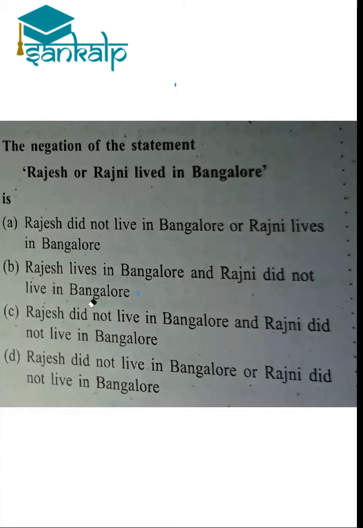So Rajesh did not live in Bangalore, and Rajni did not live in Bangalore. The negation of or will be and. So Rajesh did not live in Bangalore and Rajni did not live in Bangalore. The option C is the right answer.